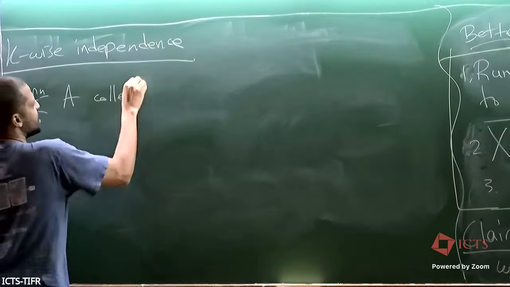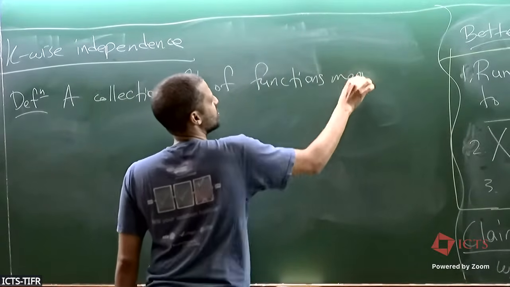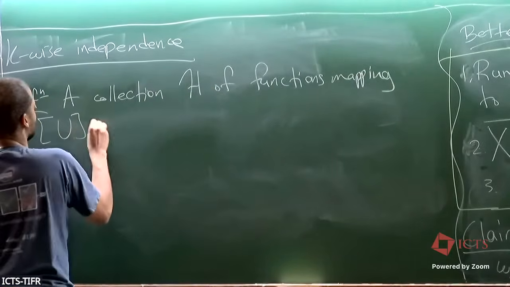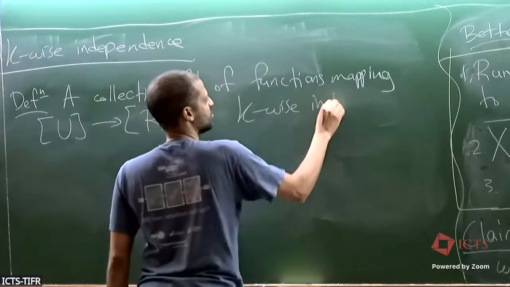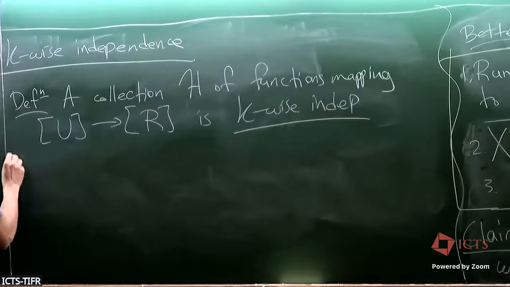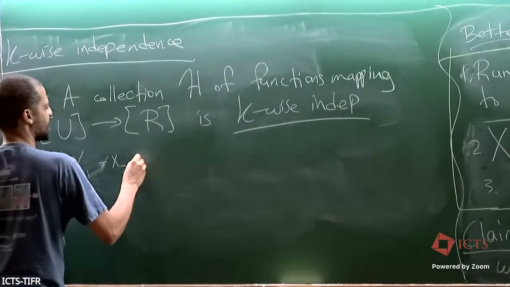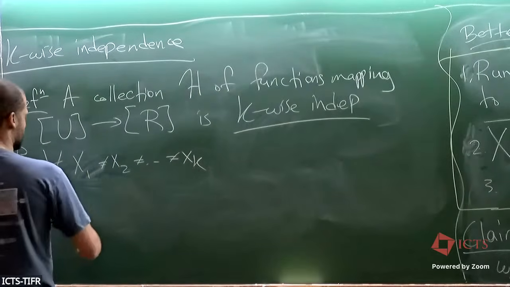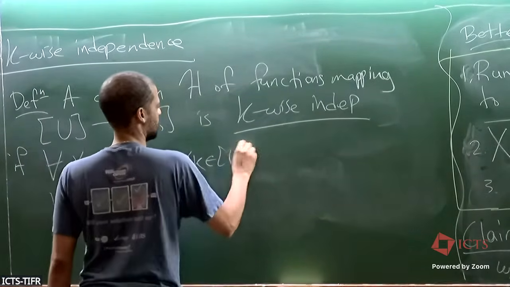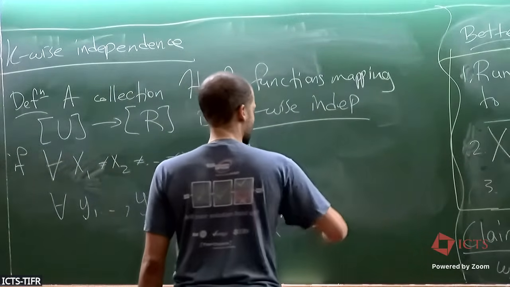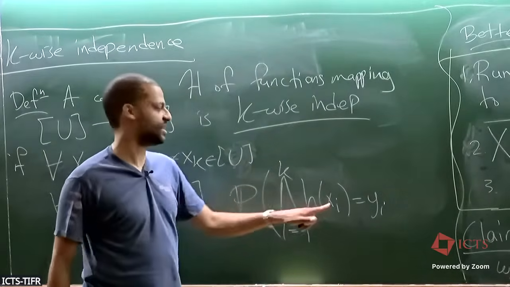A collection, a set of functions mapping some domain to some range is K-wise independent if for all x1 not equal to x2 not equal to xk, and also for all y1 up to yk, these are in R, these are in U, the probability that h of xi equals yi, h of x1 had better equal y1, h of x2 has to equal y2.